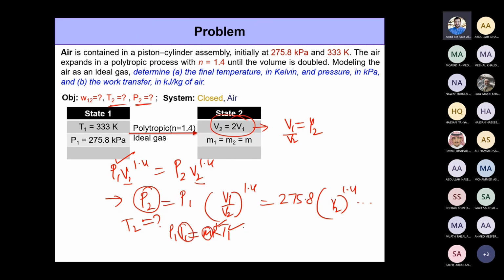So I'm going to write the ideal gas equation as P1 V1 by T1 is equal to P2 V2 by T2. Simply because we're dealing with a closed system, I know mass is a constant and R is anyway a constant. I know P1, I know P2, I know the ratio between V1 and V2, and I know T1. So from here, I can determine T2, right?